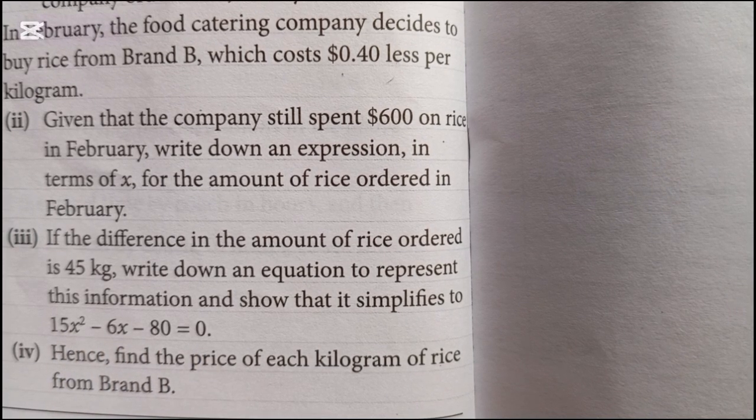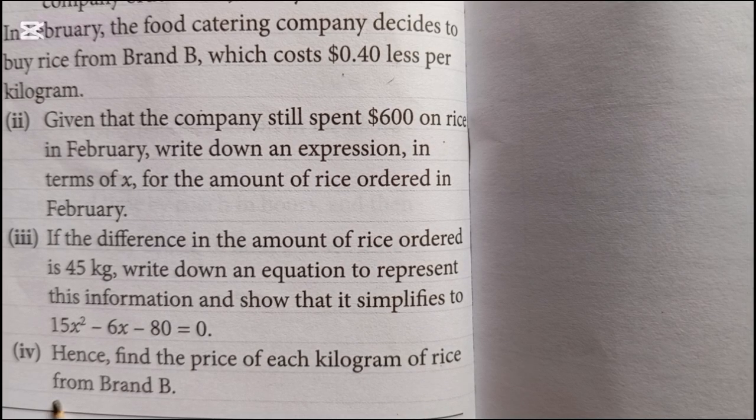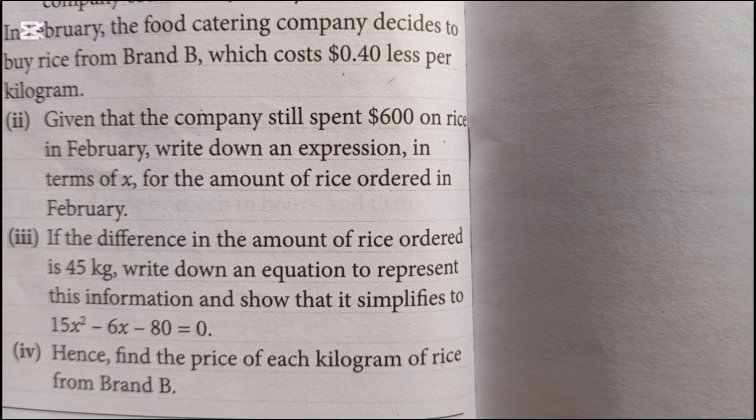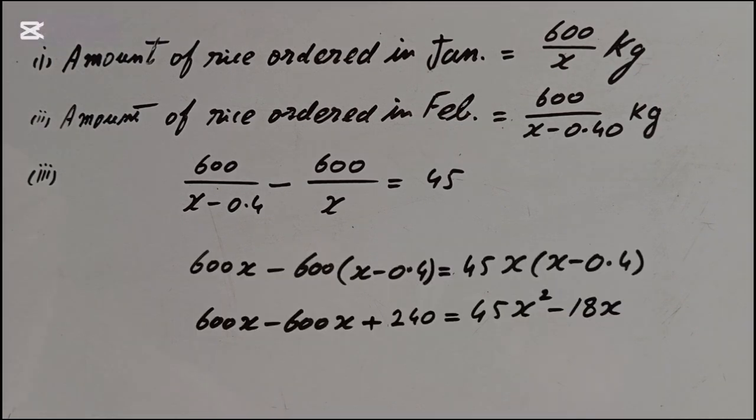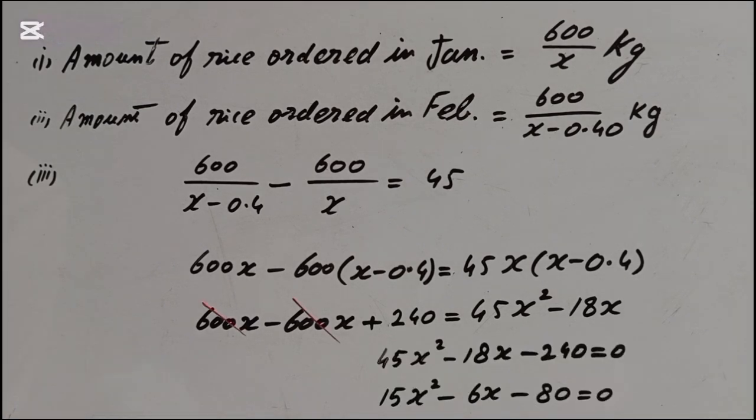Hence, find the price of each kilogram of rice from brand B. This is the algebraic expression we develop with the help of the given information. Now we solve it, multiplying both the sides by the LCM of denominators. On multiplying, it cancels out. So this equation simplifies to 15x square minus 6x minus 80 equal to 0.